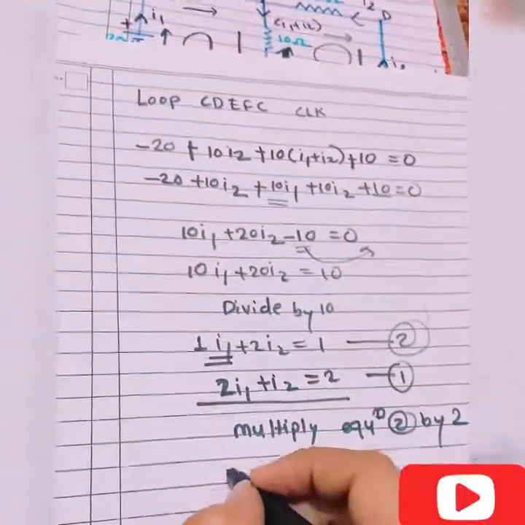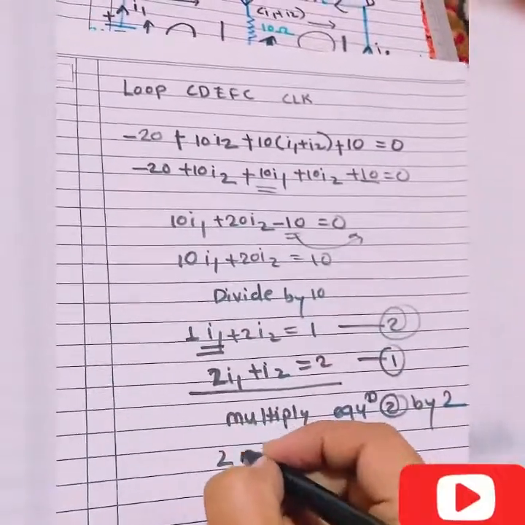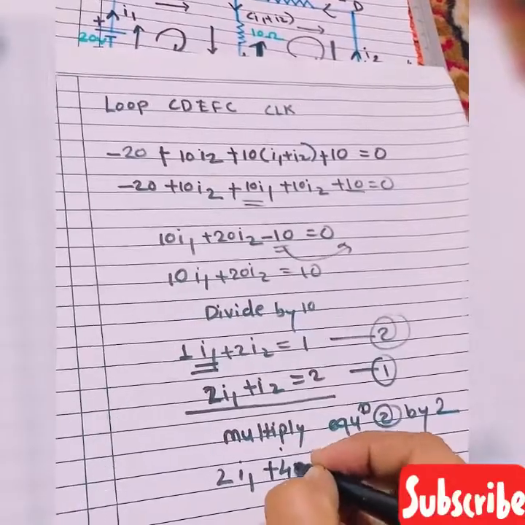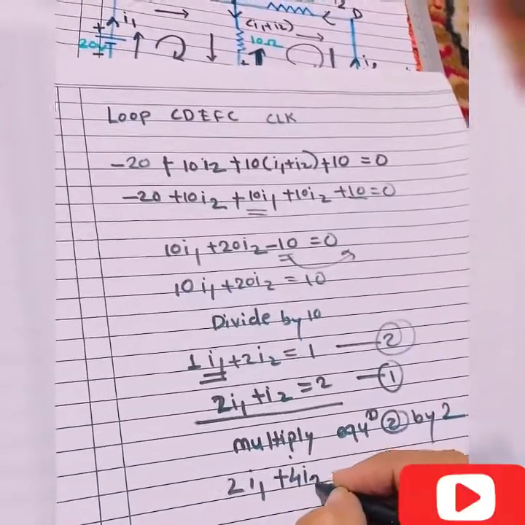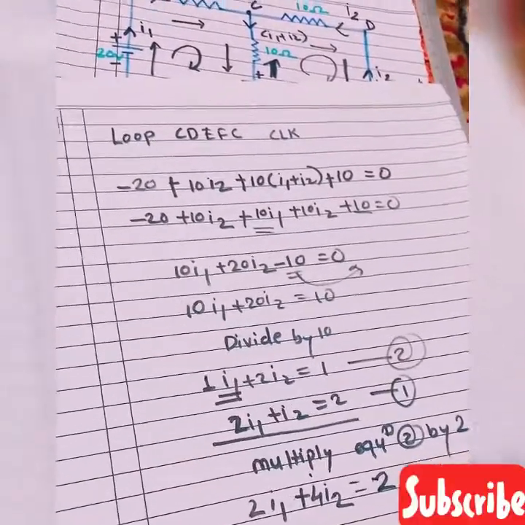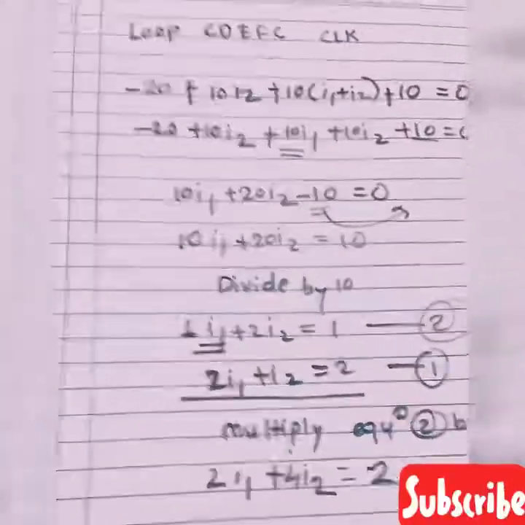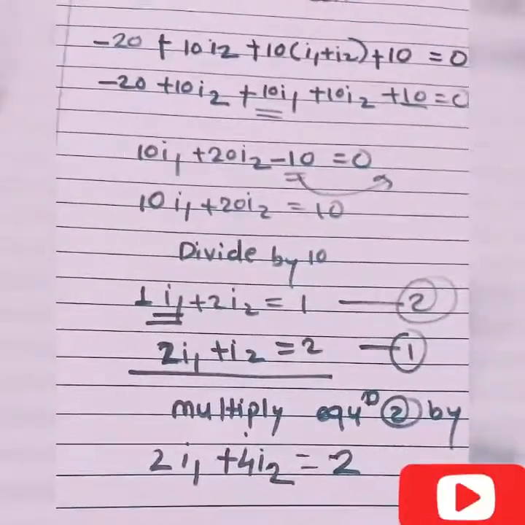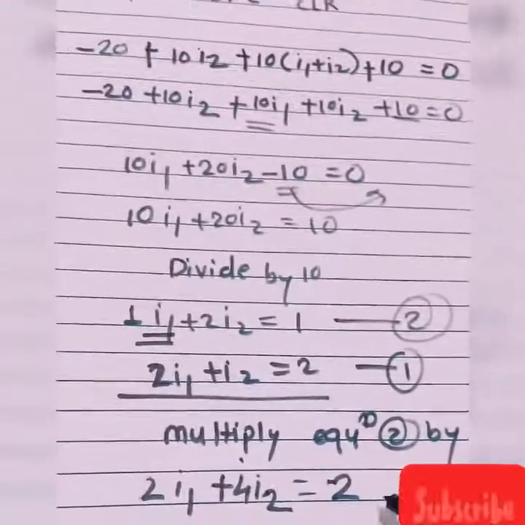So what will we get? 2 into 1, 2I1. 2 into 2, 4I2. 2 into 1 is equal to 2. So this new equation I am getting by multiplying the whole equation by 2. Let's give it the equation number 3.